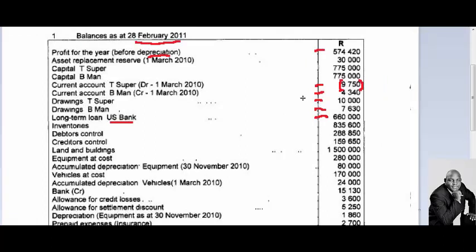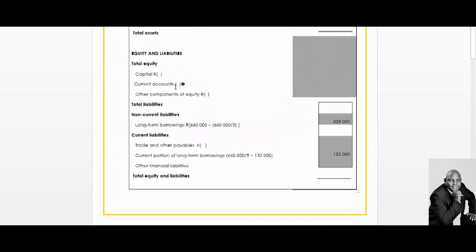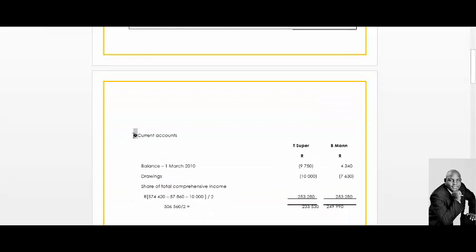Wonderful. This is what the partners will have individually. So under current accounts, we will put, another thing you can see, I put a 1 there, and I will put a 1 here. That's how I will reference, so the examiner could know how I got this value, where I got these values from.